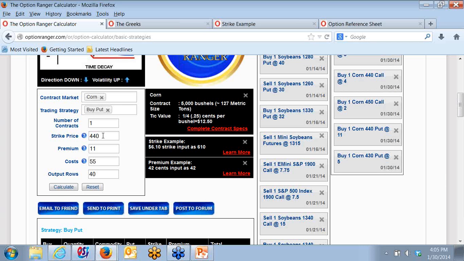Maybe the move occurs because some rumor comes into the market that we didn't think of today or that we didn't expect. So the market goes up 6 cents because there's some kind of a rumor that China is buying corn. Well, between the price move and the rumor, which increases excitement and volatility, this option could be inflated and become profitable while the price is still under 440.